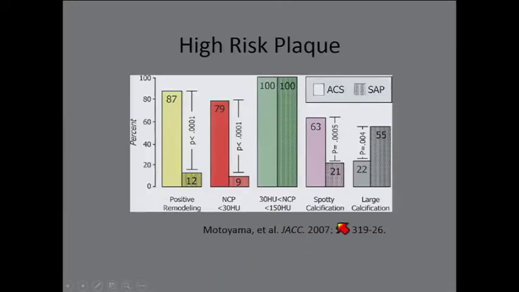Moiriyama in 2007 presented two groups of patients, those with acute coronary syndrome and those with stable angina. He looked at many of these characteristics, with a few others in addition, and demonstrated a great discrepancy in the extent of disease and the disease characteristics of the plaques identified in these two groups. Positive remodeling was associated with the acute coronary syndrome patients.